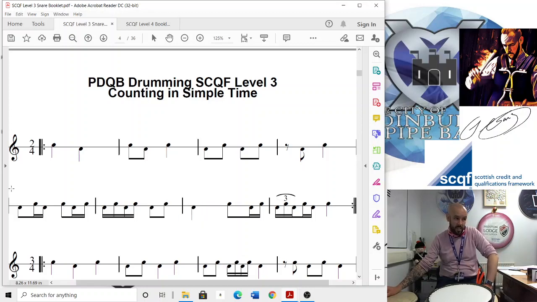Crotchet on its own is 1. And if you need to try this again, rewind the video back and try it. This would be 1, 2 ander. That 2 ander is the same as these, exactly the same. Now we've got the semi-quaver group, so it needs to fit in this space here: 1 a day, 1 a day.